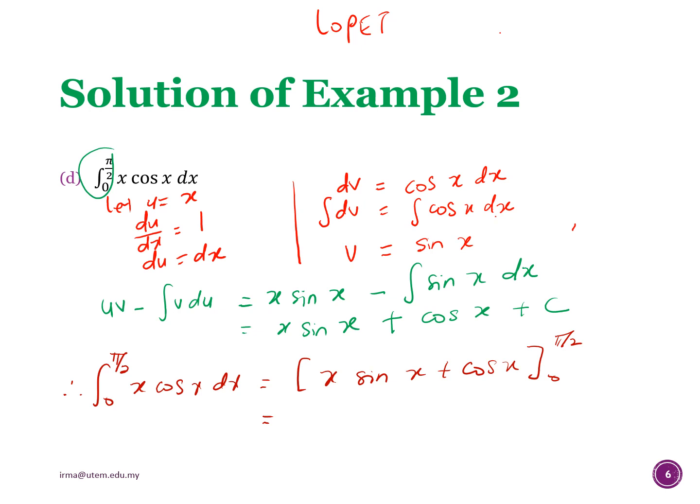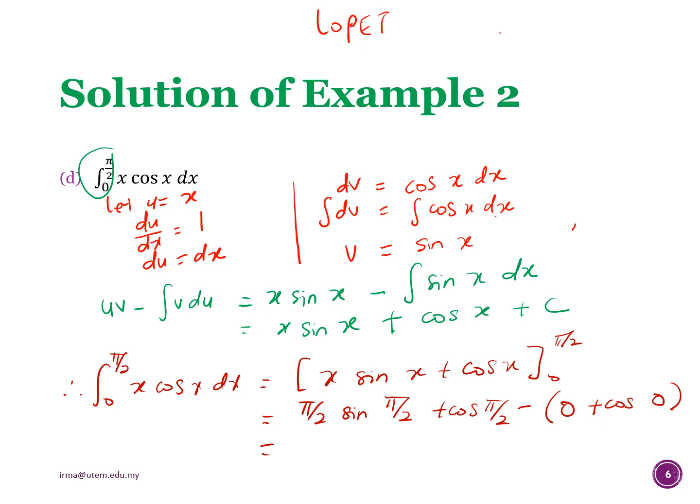You need to replace with pi over 2 first for the x value. So we will have pi over 2 sine pi over 2 plus cos pi over 2 minus, I put in bracket, 0 times sine 0 plus cos 0.